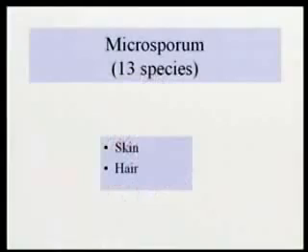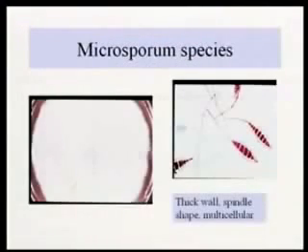It's a small mass. The Microsporum species affect only skin and hair, no nails. There are 13 species, mostly white, but a variety of colors. Now these macroconidia are spindle-shaped, narrow at each end, wide in the middle, usually 6 to 8 cells, and they're echinulate.